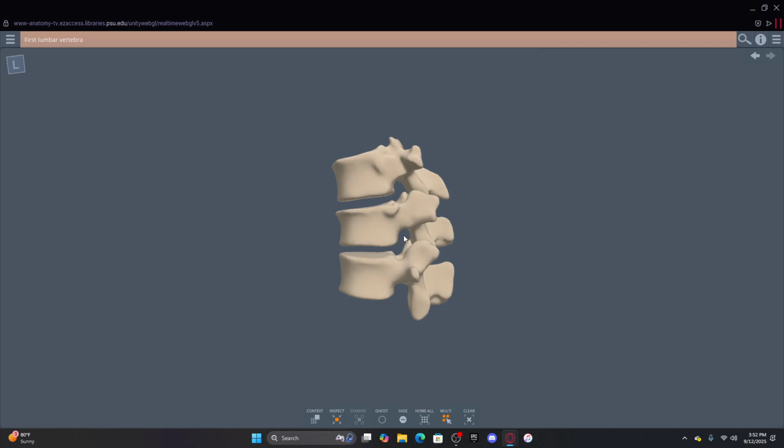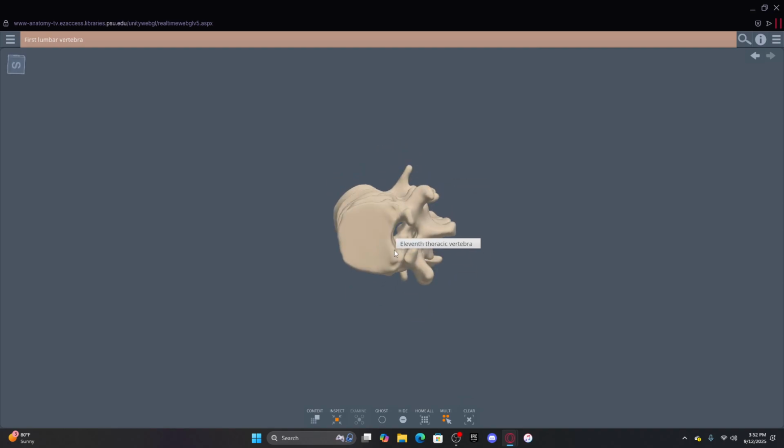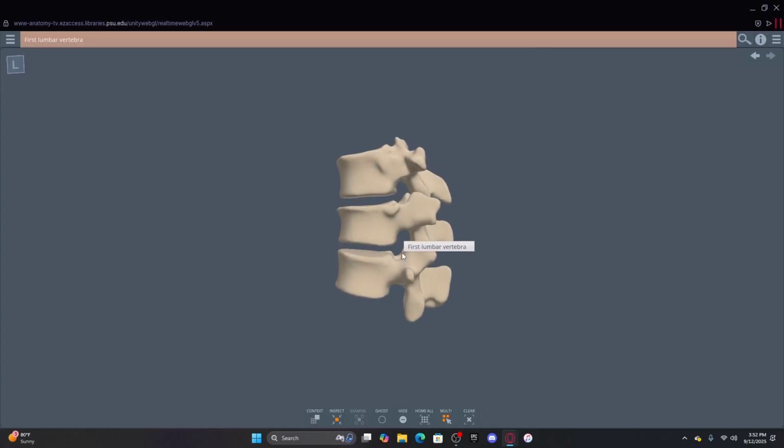These are where your spinal roots are coming out. And you can also see the vertebral foramen. So that's all the structures. Intervertebral foramina being multiple foramen between the vertebra, or multiple openings.